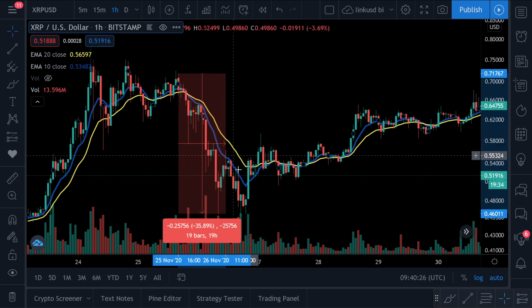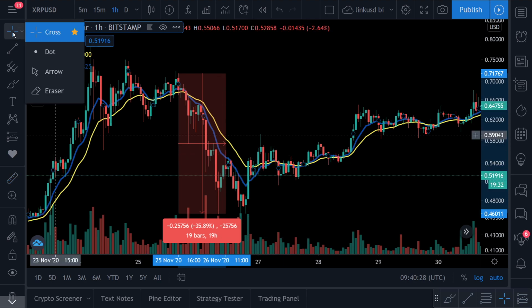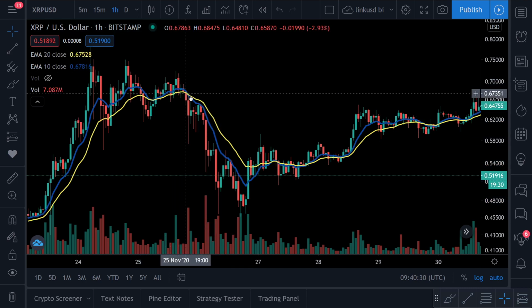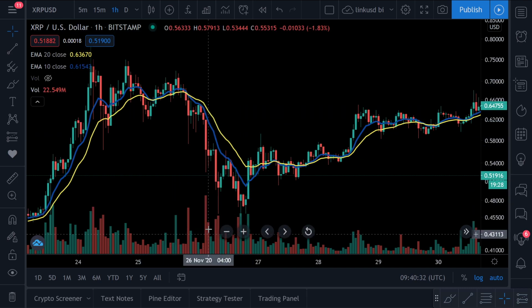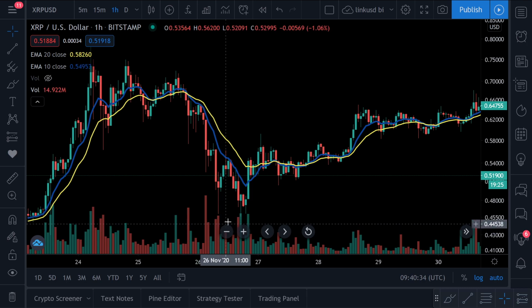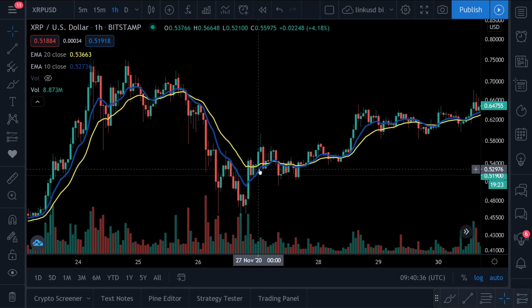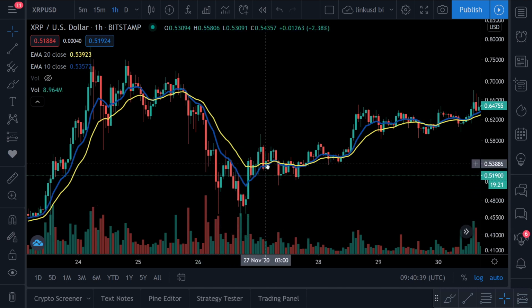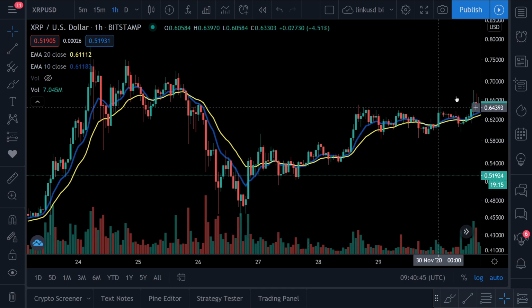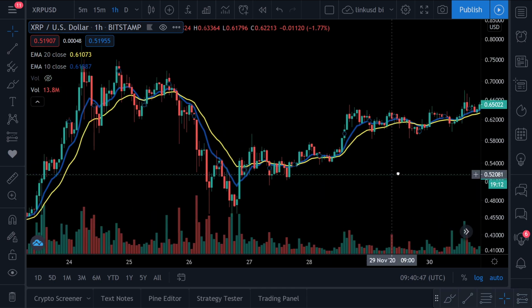This happens, guys. So basically, again, you just wait for the sell-off to stop, the red candles to turn green, and for the 10 EMA to cross over the 20 with projection, and away we go. And you can see it was just an uptrend since then.